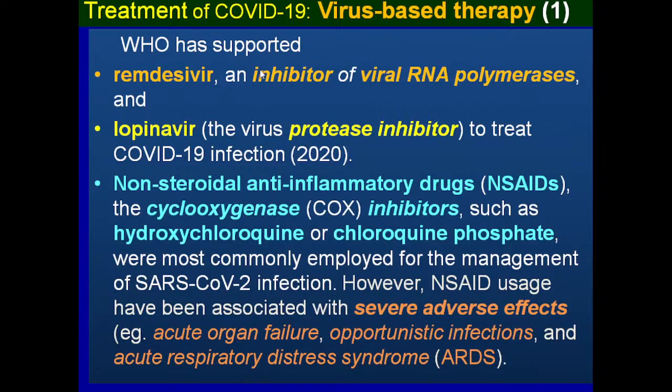So now what do they recommend? WHO recommends remdesivir as an inhibitor of viral RNA-dependent RNA polymerase, and lopinavir, that is the protease inhibitor developed not against COVID but against other infection, for example HIV, but it has been used to treat COVID-19 infection.